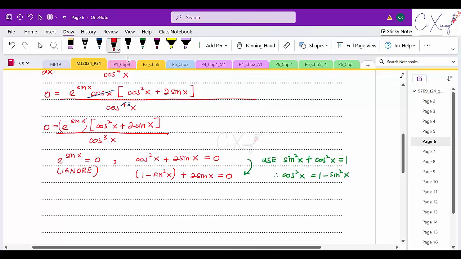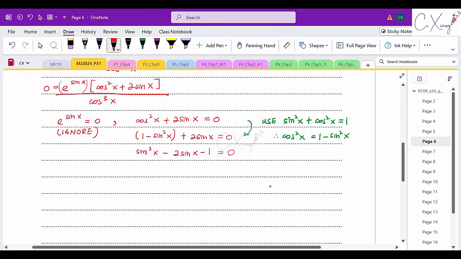Okay, so when I'm using this identity and I try to simplify them, eventually I get a quadratic form equation in terms of sine. So this is a quadratic equation. Then to solve for the sine, of course, you have to apply the quadratic formula.